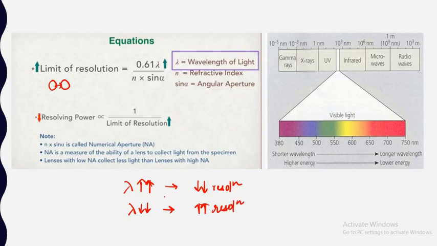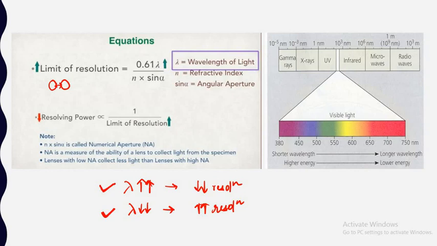I hope you are getting what I'm trying to tell. The shorter the wavelength, the higher the resolution, and the longer the wavelength, the lower the resolution. This point you will also get to know when we discuss diffraction, how diffraction also affects the resolution. So your wavelength is inversely proportional to the resolution.